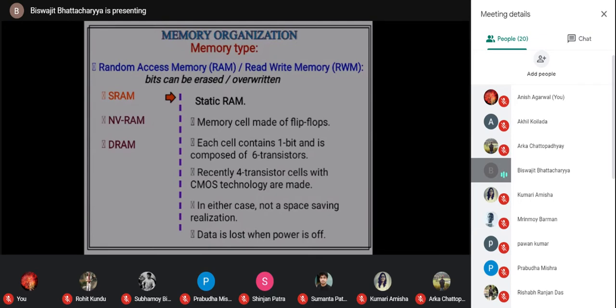A TTL logic, note that, takes power at the level of 5 volt. TTL logic, transistor-transistor logic, you know. Whereas the CMOS logic takes 3.3 volt or 2.5 volt also. In recent advancement, it is taking around 1.1 volt also.